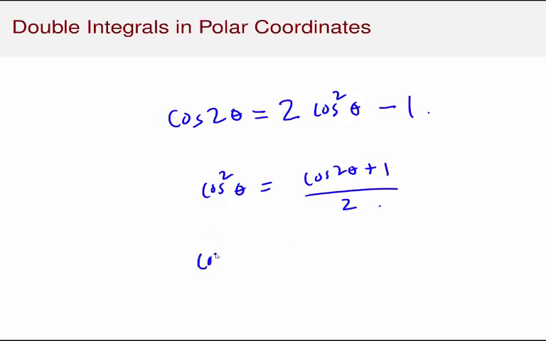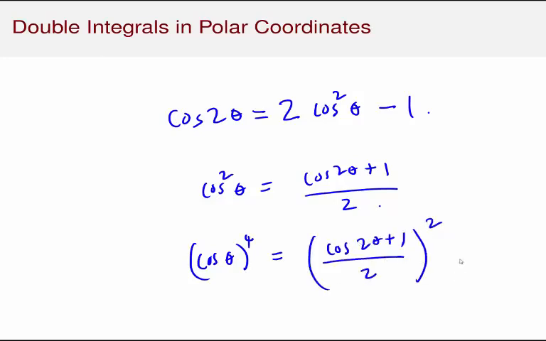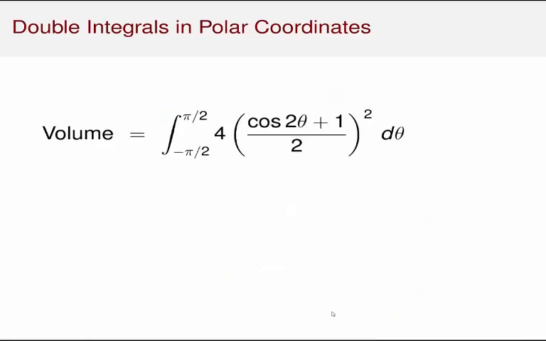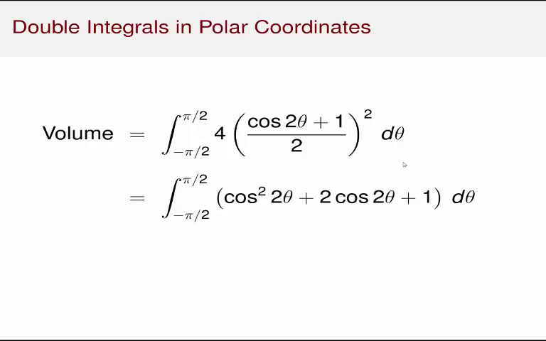And therefore cosine theta to the 4 is actually the square of the term here on the right hand side. So substituting this back into the previous equation, we are going to get the following. And so after some simplifications, we arrive at the following integrand.